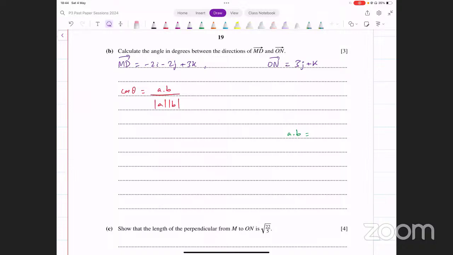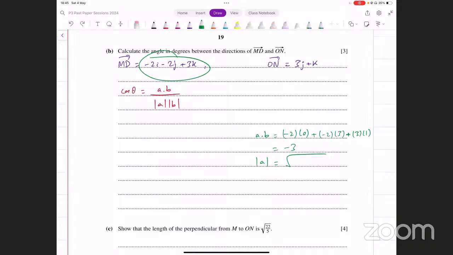It becomes minus 2 into 0, there's no i component here, plus minus 2 into 3, the j components, plus 3 into 1, the k components. A dot B turns out to be minus 6 plus 3, which is minus 3. That's the dot product.